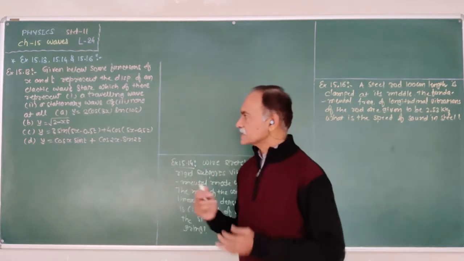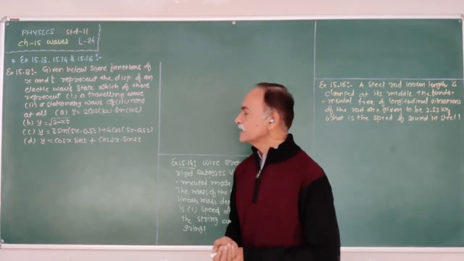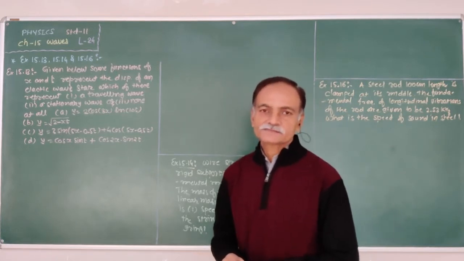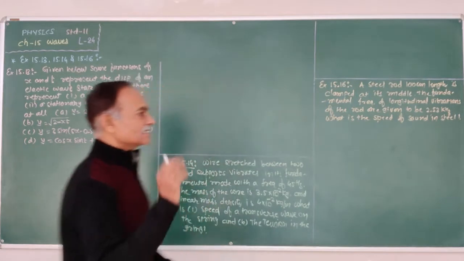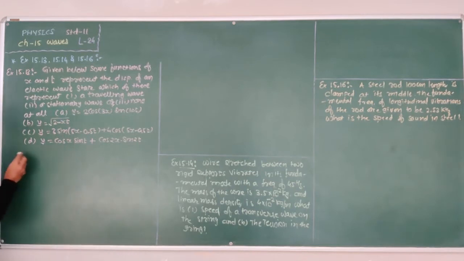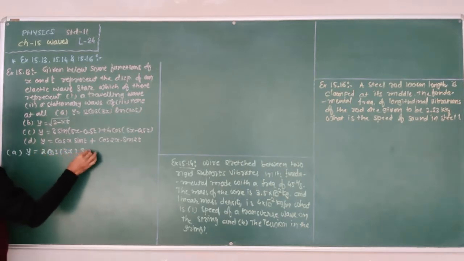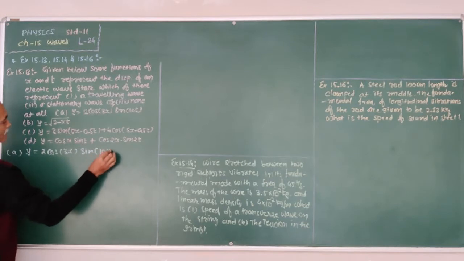For that purpose, first is given y is equal to 2 cos 3x sine 10t. Okay, there is a stationary wave. Why? Because it is the product of two harmonic functions. So first we write: y is equal to 2 cos 3x into sine 10t.